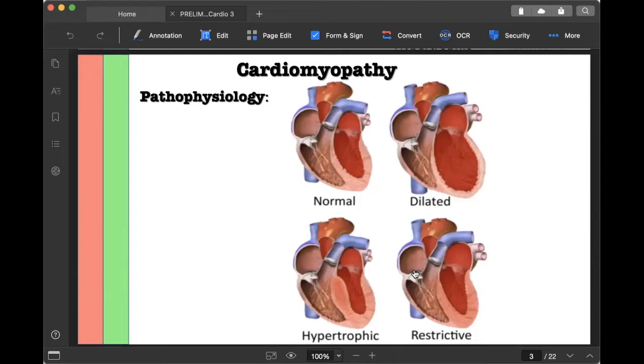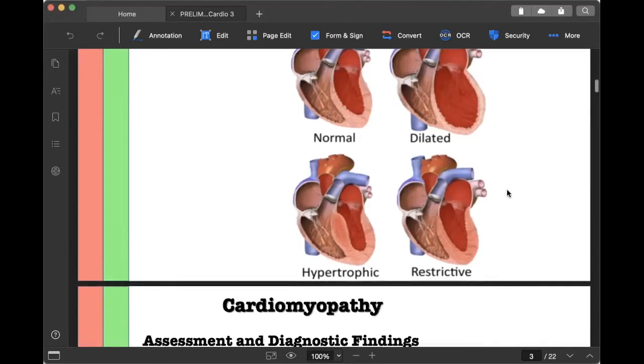The ventricle's ability to pump blood reduces significantly, which means there's going to be a decrease in cardiac output. If left untreated or undiagnosed and it progresses, it can lead to heart failure. That's the simple pathophysiology of cardiomyopathy.